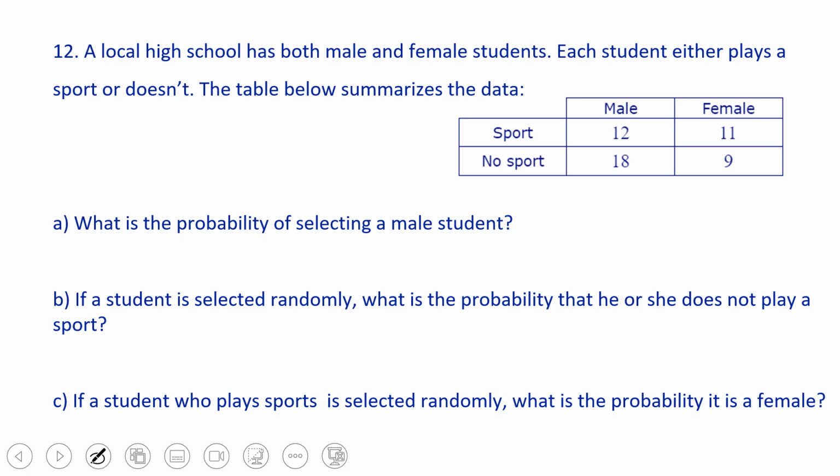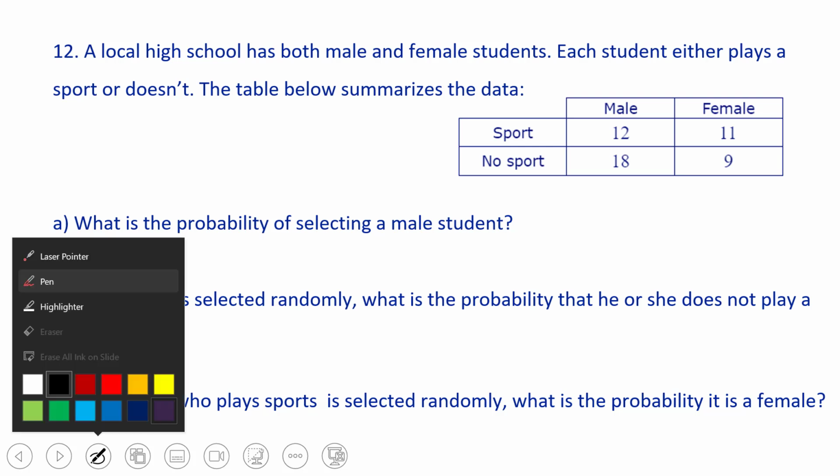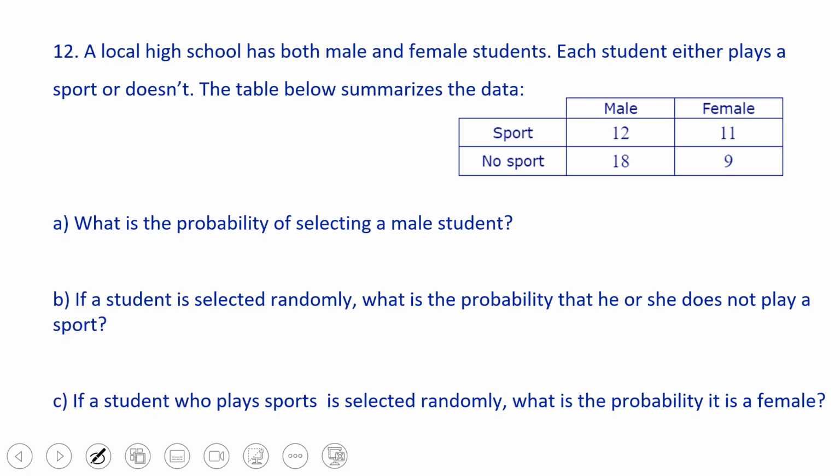Now you have this one as well. What is the probability of selecting a male student? How many males do I have here? I have 30. The total outcomes is what? Is it given in the question, or do I have to sum them? I have to sum them, right? He doesn't give me the total here.